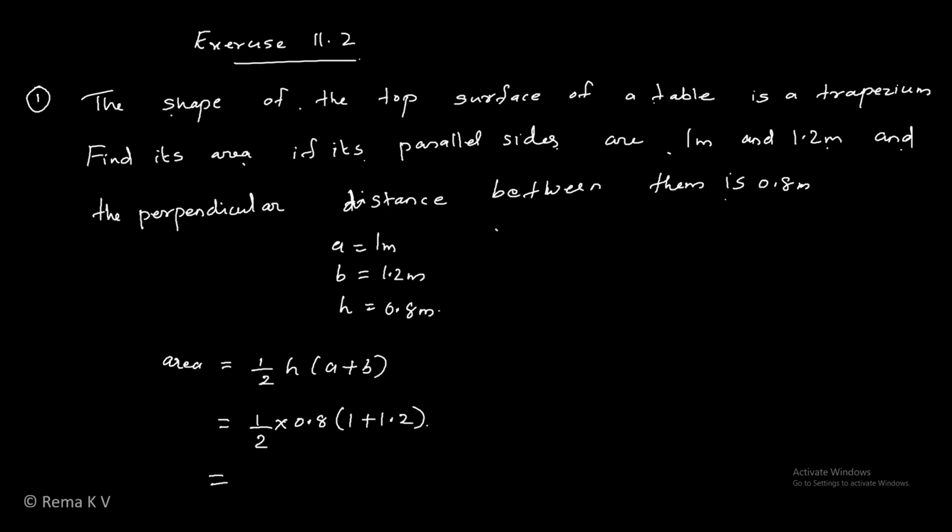You can cancel this 2 and 0.8, you will get 0.4 here. 1 plus 1.2 is 2.2. Very easy calculations. Do it and give your answer.